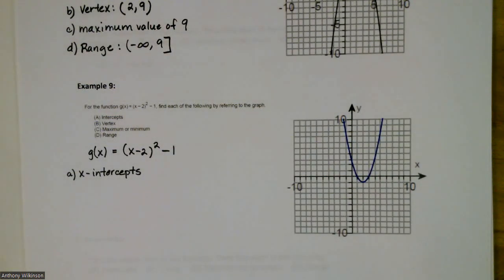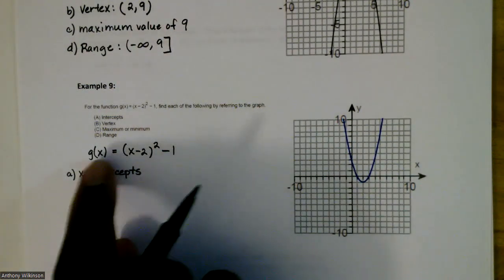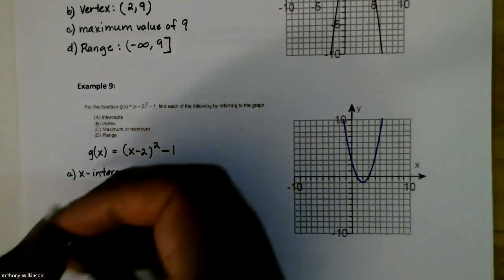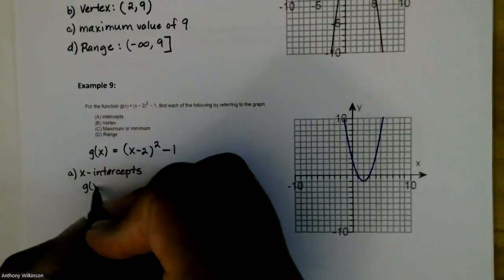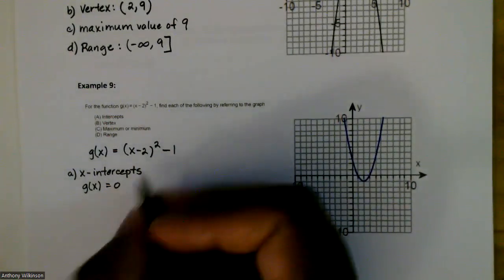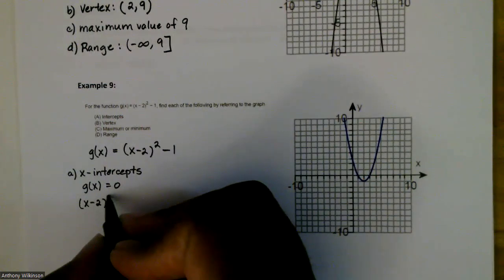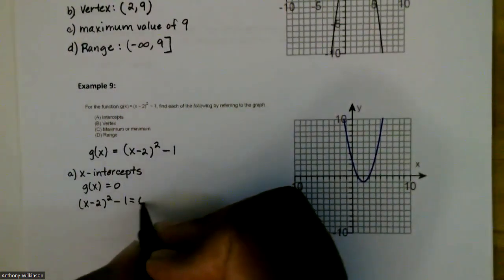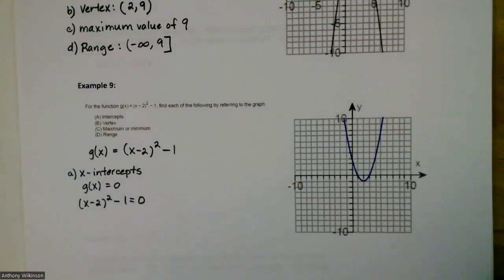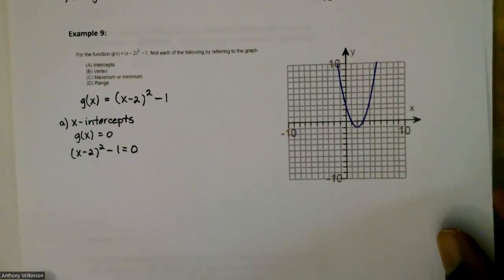Anytime you find the x-intercept, you want to set g of x equal to 0. So that means here I'm going to have (x minus 2) squared minus 1 set equal to 0.